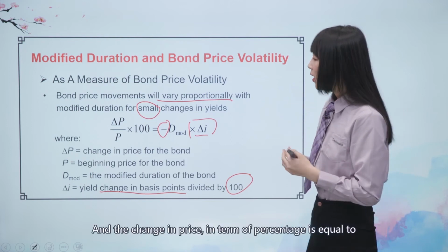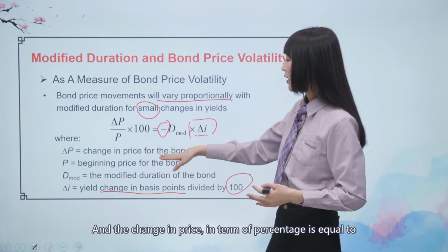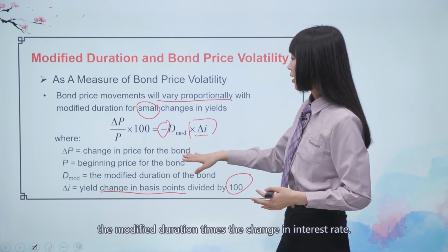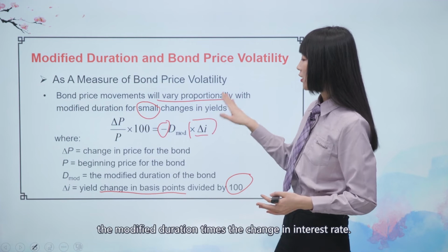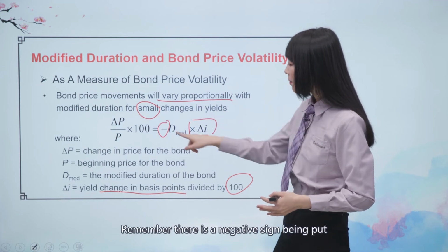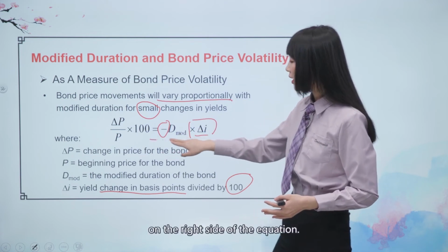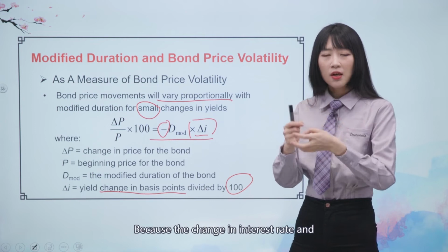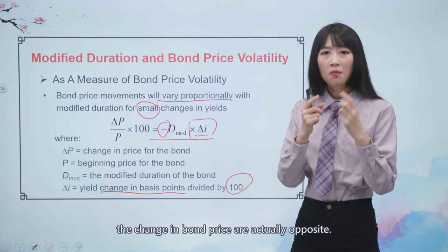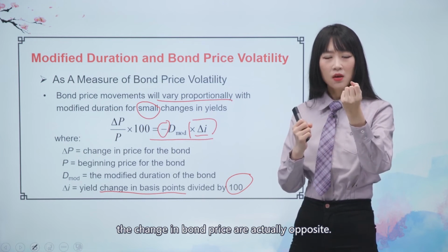So that's how small the change in yield needs to be. The change in price in terms of percentage is equal to the modified duration times the change in interest rate. Remember, there is a negative sign on the right side of the equation because the change in interest rate and the change in bond price are opposite.